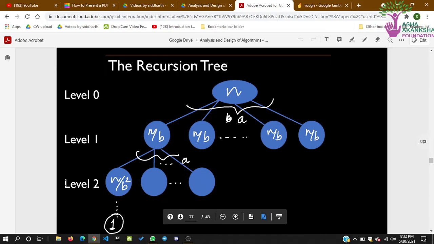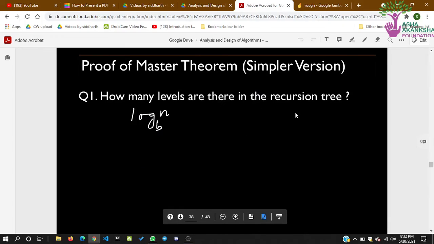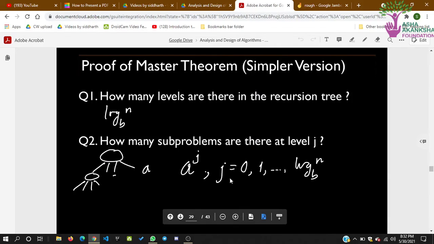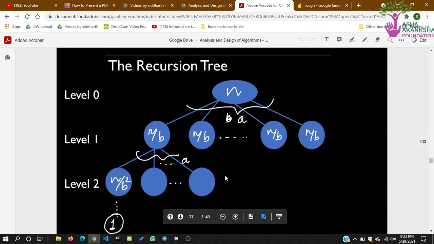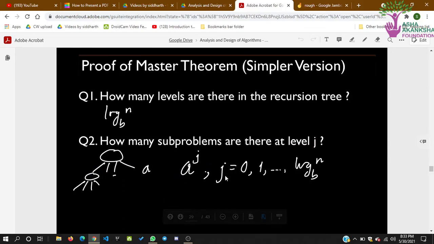Hence for level 2 the number of problems is a square. Similarly, in this pattern, for any level j the number of problems is a raised to the power j, where j goes from 0, as the initial level was 0, to log base b of n, which is the last level.